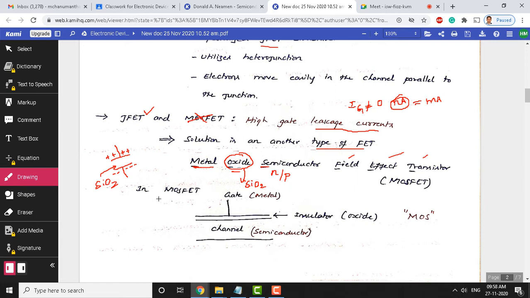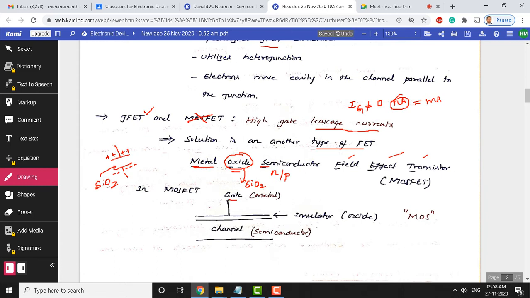Okay, let us move on to the MOSFET. MOSFET is a 3-terminal device, as you are seeing here, similar to JFET. We are not going to cover it in detail right now, but in coming classes we will dedicate a few classes to MOSFET. Right now, to give an overview of how exactly a MOSFET looks, this diagram has been shown to you. In a MOSFET there is a gate terminal, and there is a channel region, as you have seen.